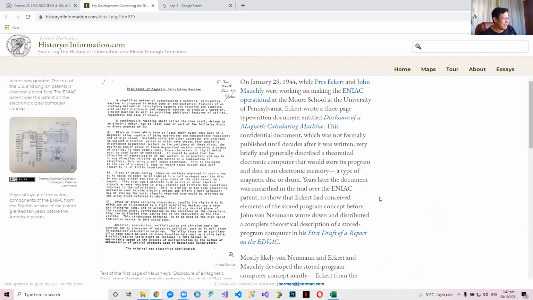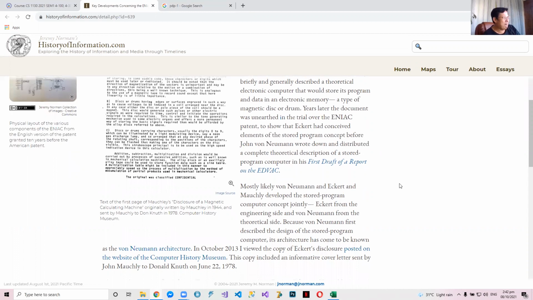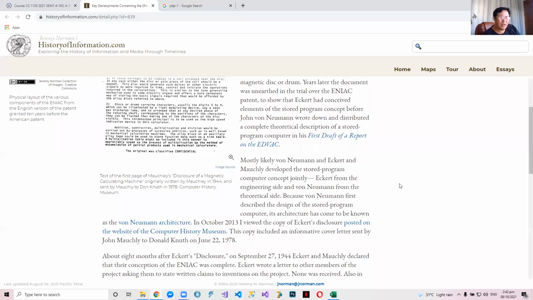But the strange thing is, by 1946, while they were working on EDVAC, John von Neumann published a report called the First Draft Report on EDVAC. And remember, EDVAC was owned by Eckert and Mauchly. It was later found out that originally von Neumann was part of the team to develop EDVAC.